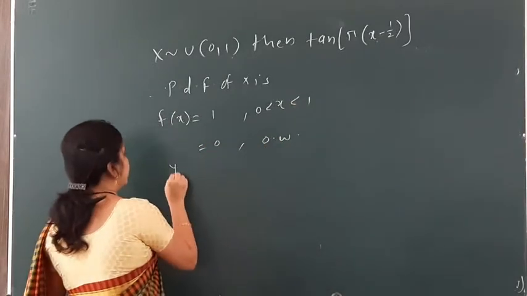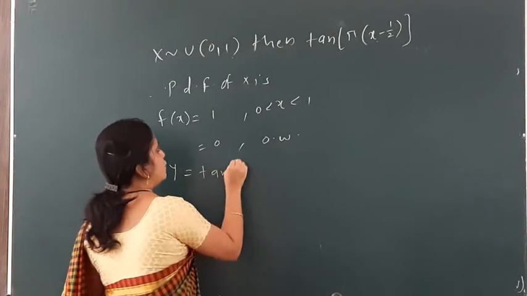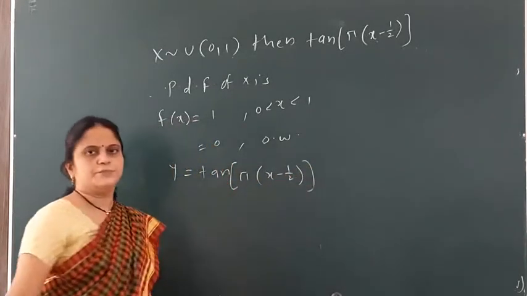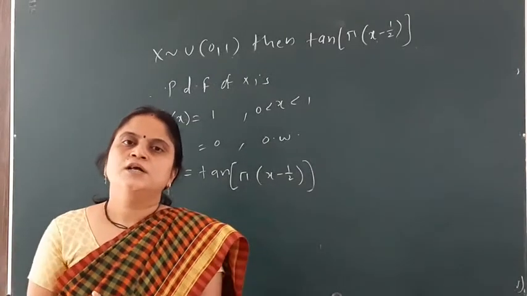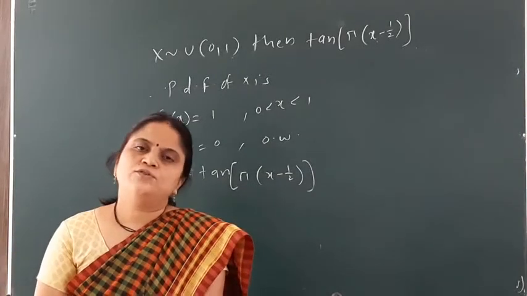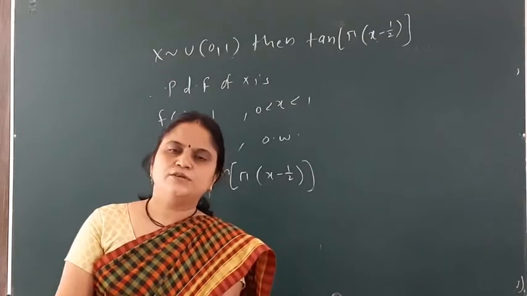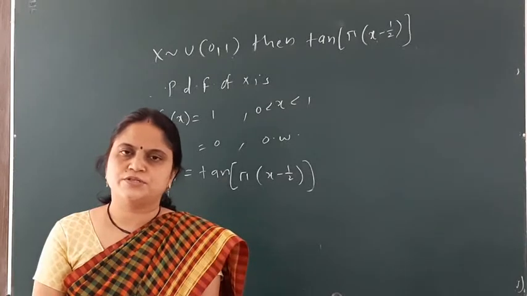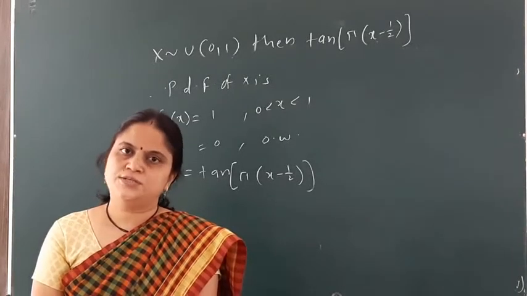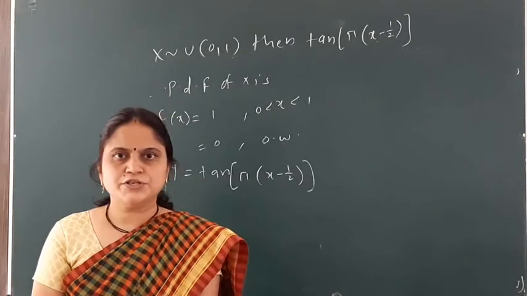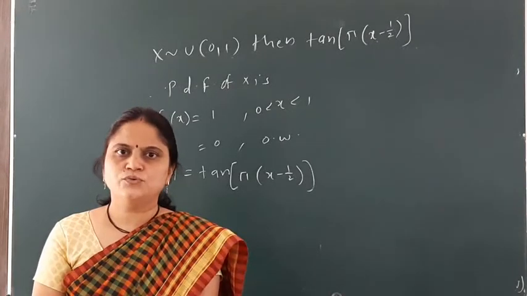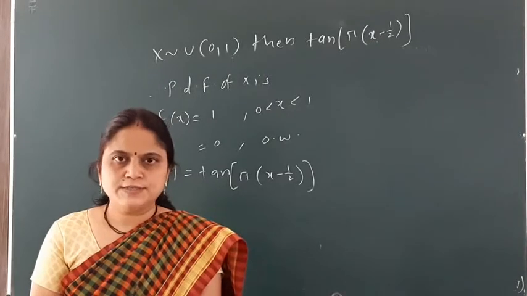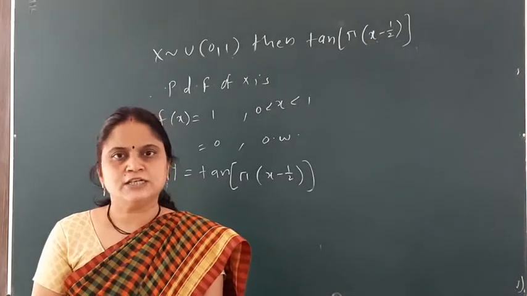Now let me consider y equal to tan of pi into bracket x minus half. Just now I told you that there are three methods, and the first method is the transformation method. The transformation method is used for monotonic functions. Since the given function is monotonic, I use this method. For a monotonic function, the first step is to find x in terms of y.